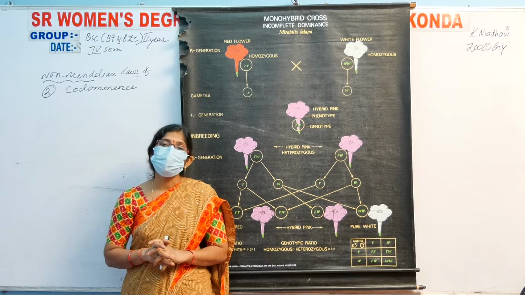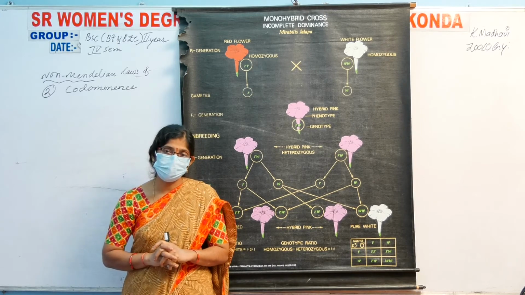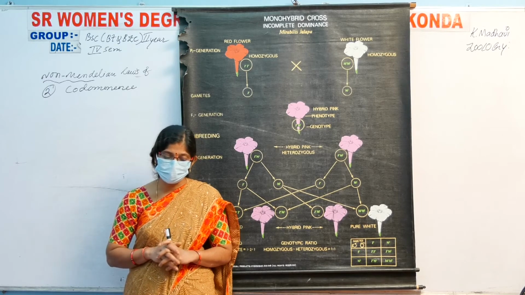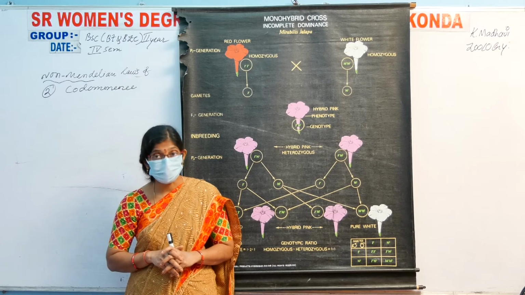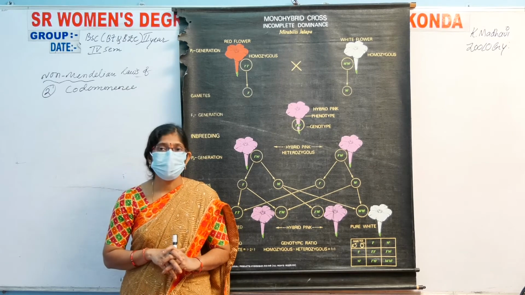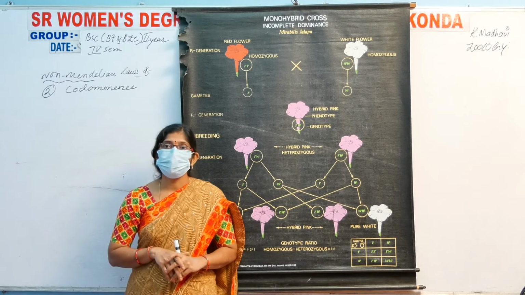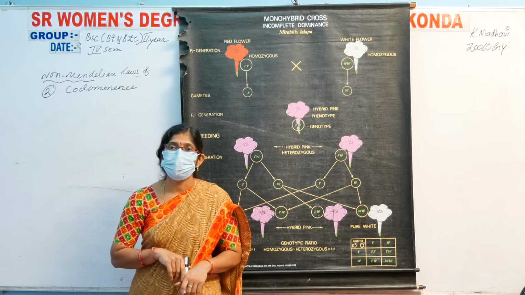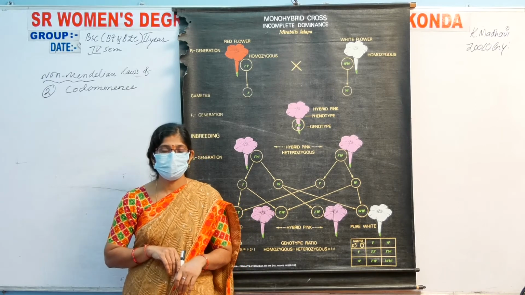Some examples are the A, B, O blood groups of human beings, and the combs in fowls. Fowls means poultry birds, in our country the birds we eat, like chicken, broilers and layers.